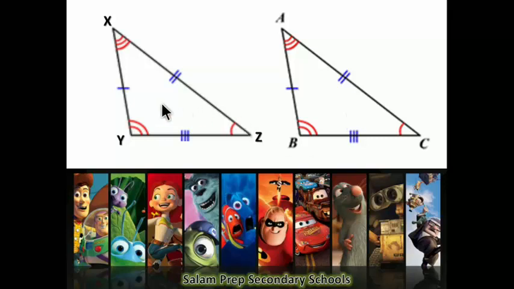In the first triangle, ZX equals CA in the second triangle. You can observe the corresponding sides are equal. So the corresponding angles are also equal.